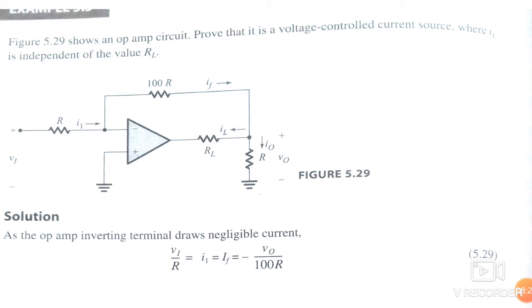Now applying node analysis, V1 minus 0 volt upon R, that is this resistor, is equal to I1, and this is equal to IF, that is this current, and this can be written as 0 minus V naught upon this resistor, that is 100R. So this is the relation we found: V1 upon R is equal to minus V naught upon 100R.